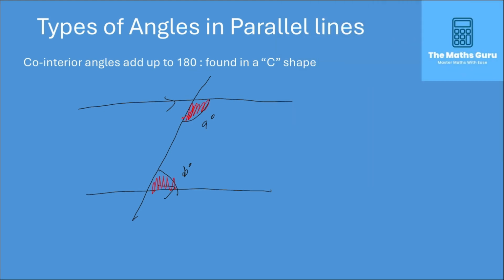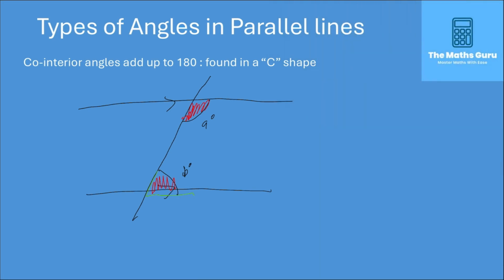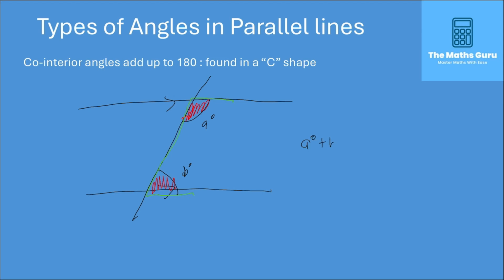And in this case, what we're looking for is our C shape. C for co-interior. That's how I used to remember it. And what we can say is that A degrees plus B degrees is equal to 180 degrees.